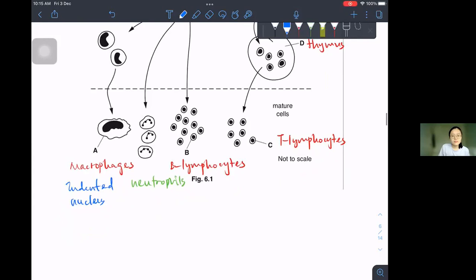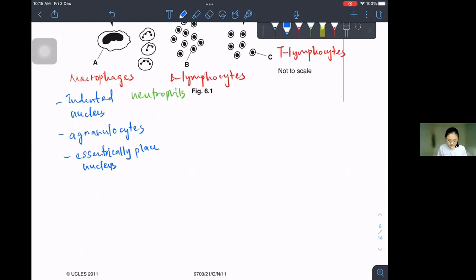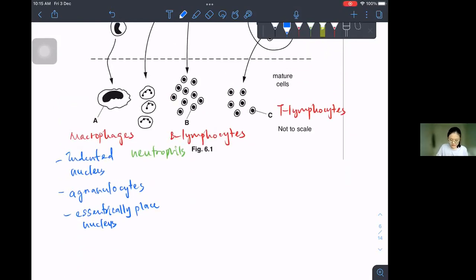Agranulocytes. Yeah. We can also say it's an eccentrically placed nucleus. And then for neutrophil, we actually have the multi-lobed nuclei.